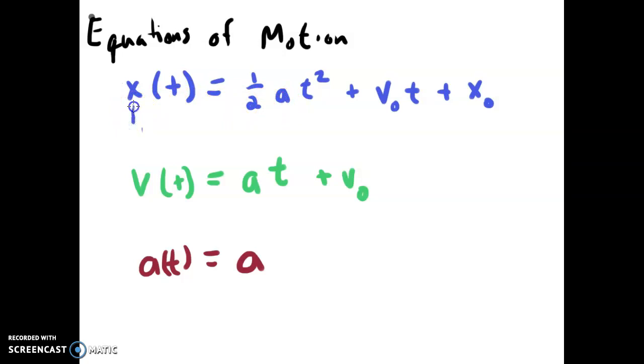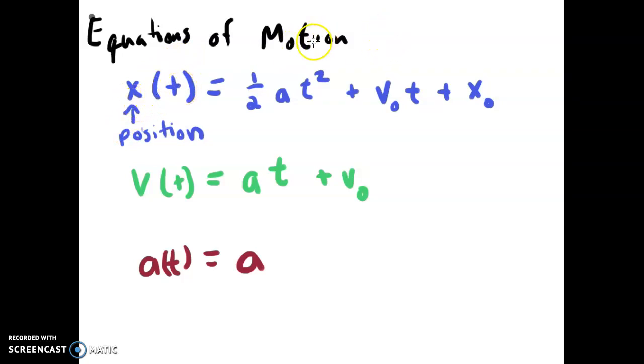So the first thing to know here is this x stands for position. This is not the x on the x-axis. It's a different kind of x. We're going to notice in physics and in math that some letters get overused. X is one of those letters. Sometimes x stands for x as in the x-axis.